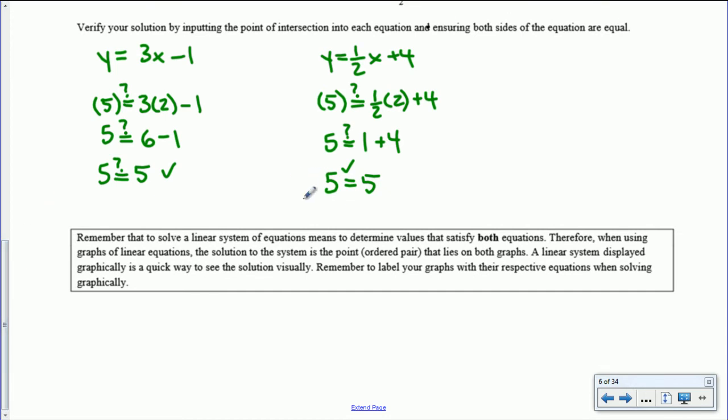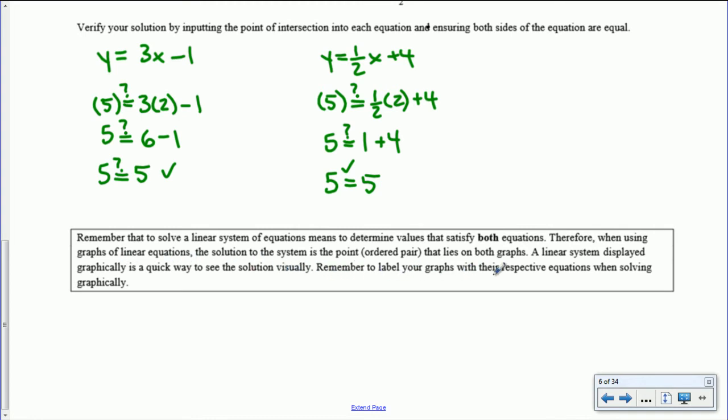So remember, to solve a linear system of equations means to determine values that satisfy both equations. Therefore, when using graphs of linear equations, the solution to the system is the point that lies on both graphs. So it's the intersection. A linear system displayed graphically is a quick way to see the solution visually.